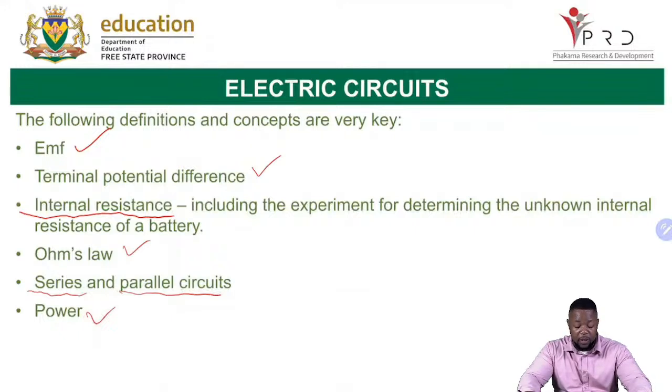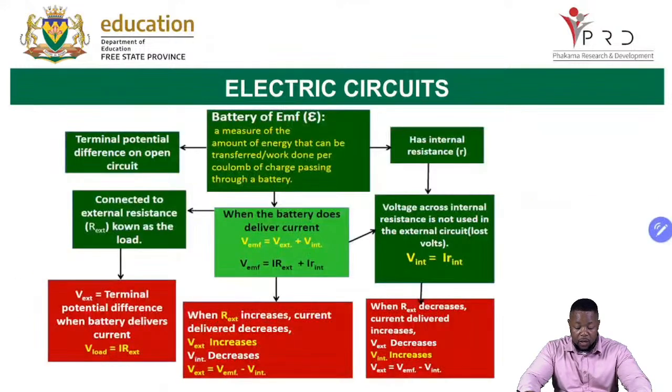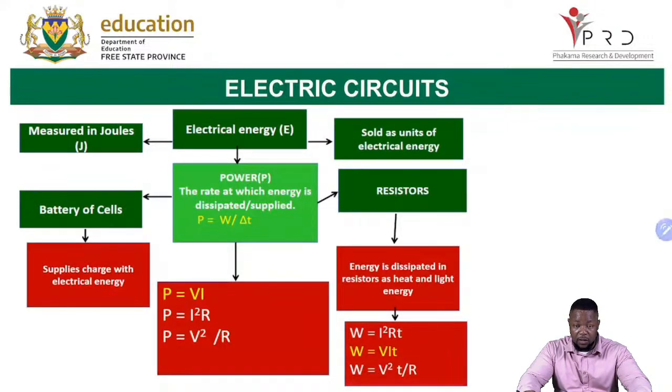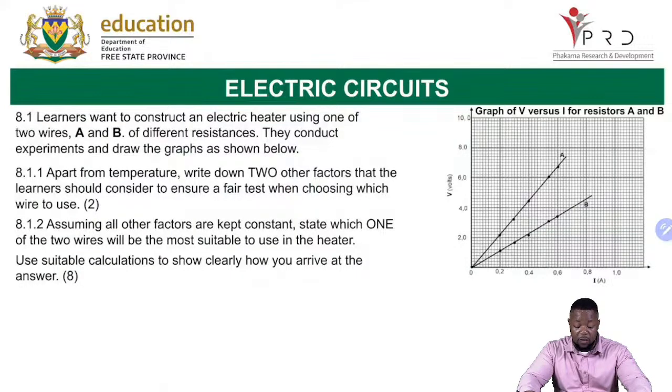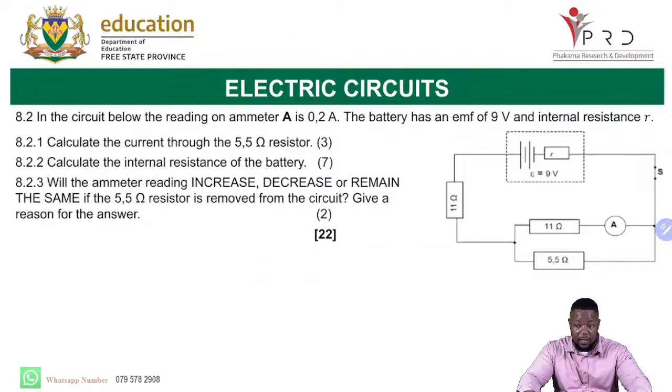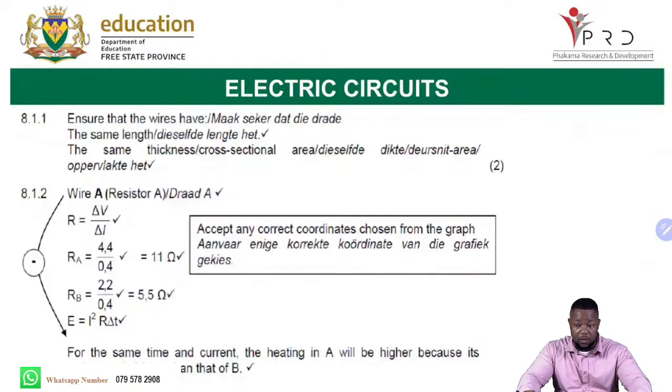Now, we are left with only 4 minutes. So I will ask you to screenshot the summary of electricity. If we can screenshot this page, then we screenshot this next page of the summary, and then you will have the activity as the homework. If we can screenshot this slide, and then we also screenshot the last slide as the homework, and then this will be the solutions of the homework.